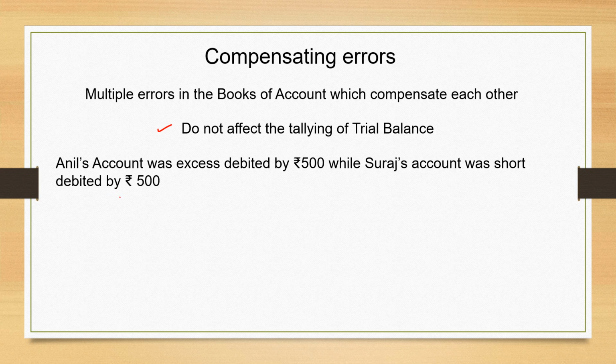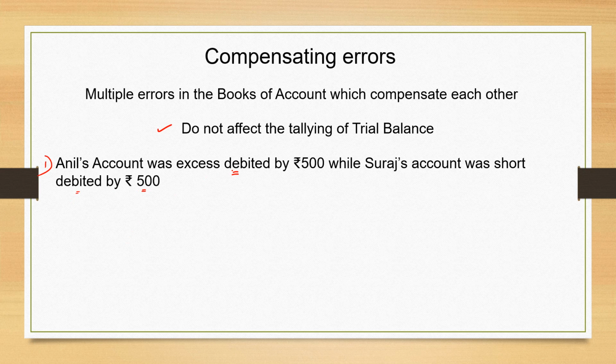Now, let us understand compensating errors with an example. First example is Anil's account was excess debited by 500. Means in Anil's account on the debit side, 500 has gone in excess. And Suraj's account was short debited by 500. Whereas Suraj's account again debited but has been debited less by 500.